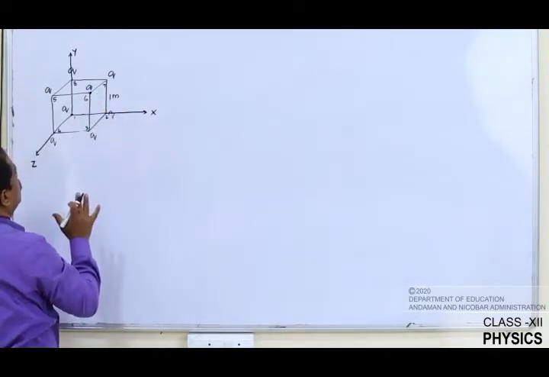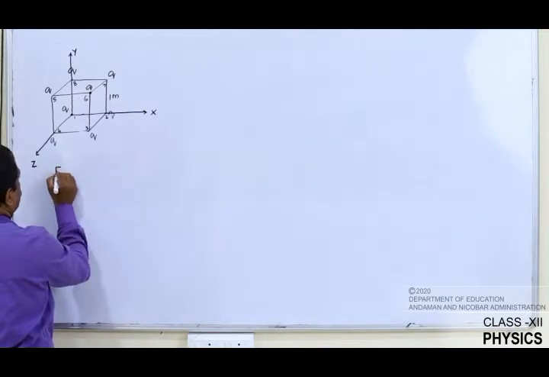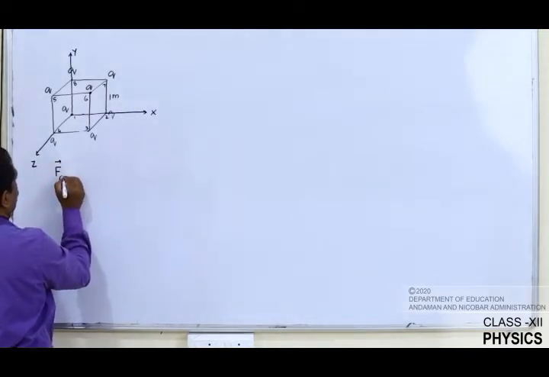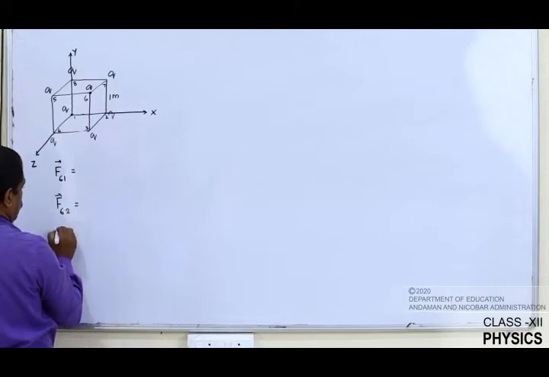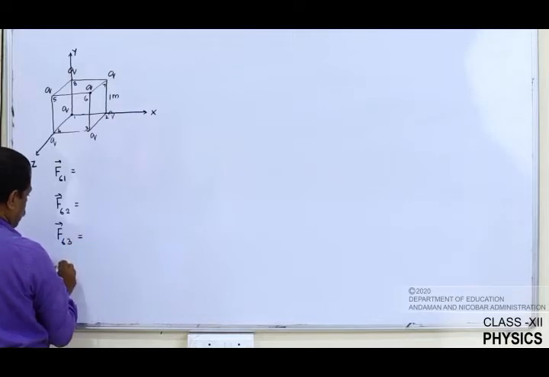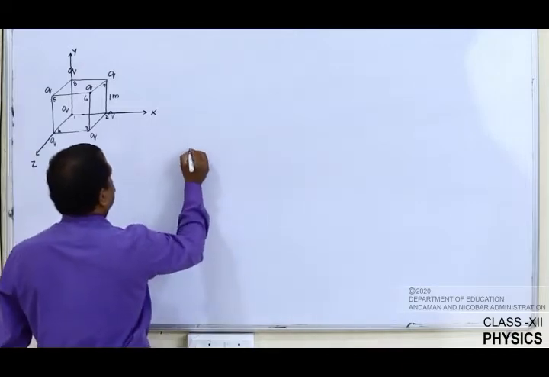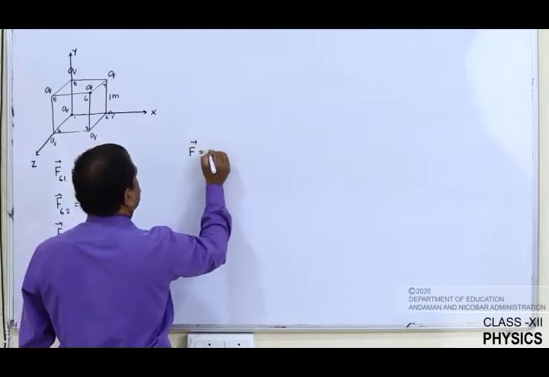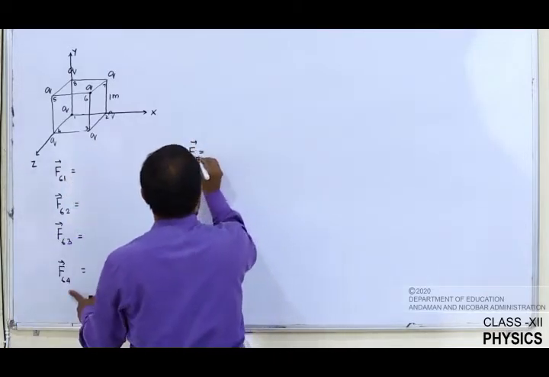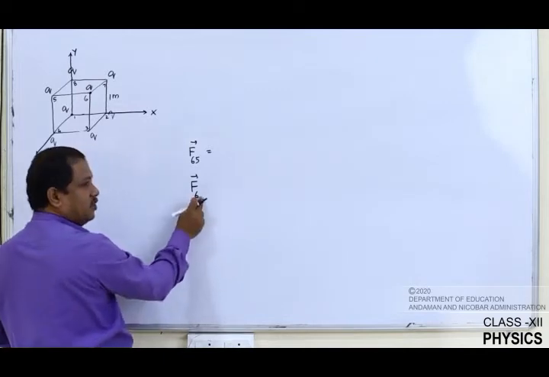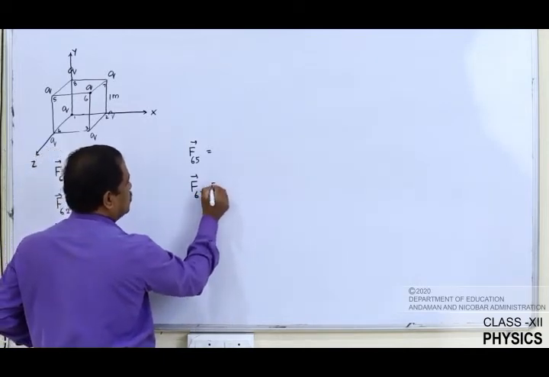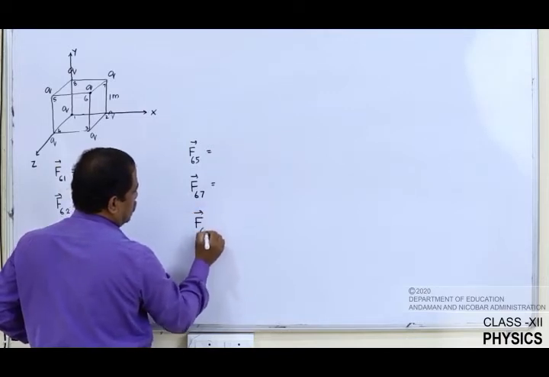So now what I need to do is, I need to calculate simply what is the force on charge 6 due to 1, what is the force on charge 6 due to second charge, due to third charge, due to fourth charge, due to fifth charge, due to seventh charge, and due to eighth charge.